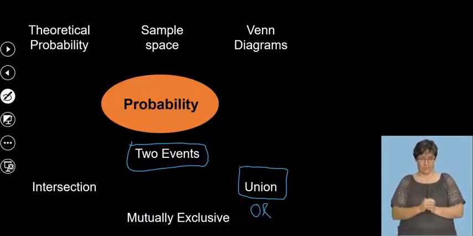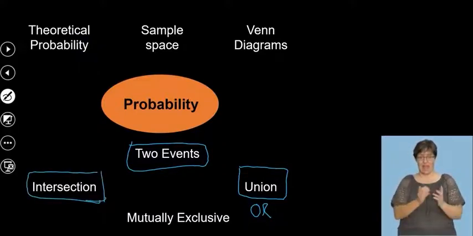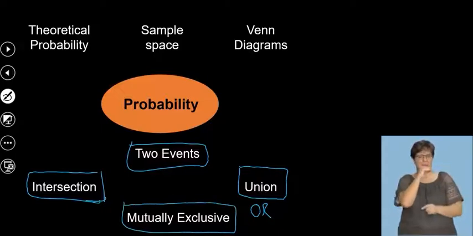Whereas what we want to look at is the idea of intersection. We've already seen that in terms of intersection, some two events have no intersection. And we're going to explain what this then means: the idea of something being mutually exclusive.